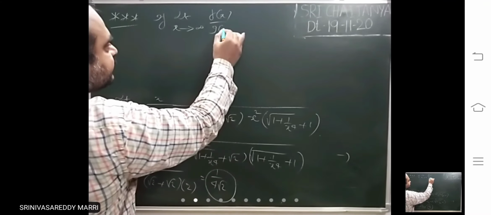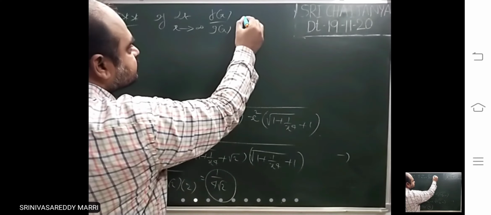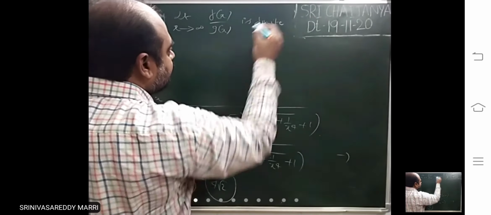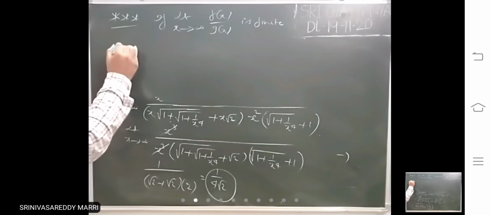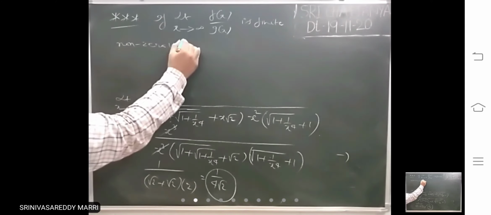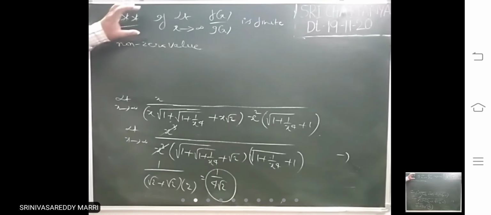f of x by g of x is a finite non-zero value. In the problem he will give that limit x tends to infinity, f of x by g of x is a finite non-zero value.